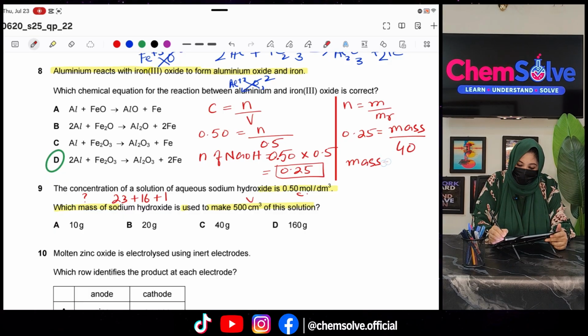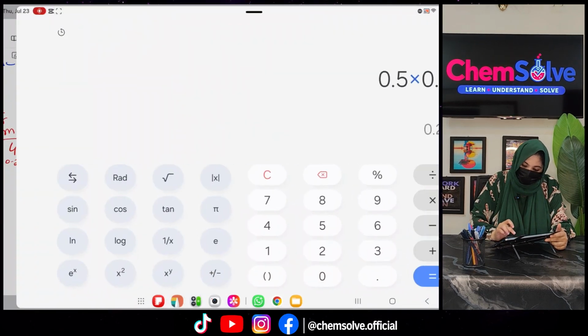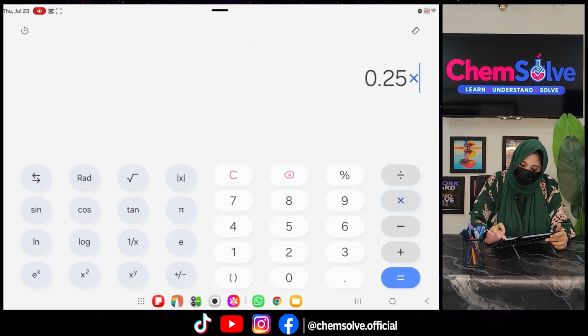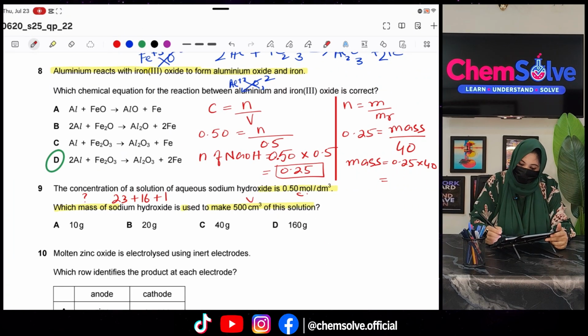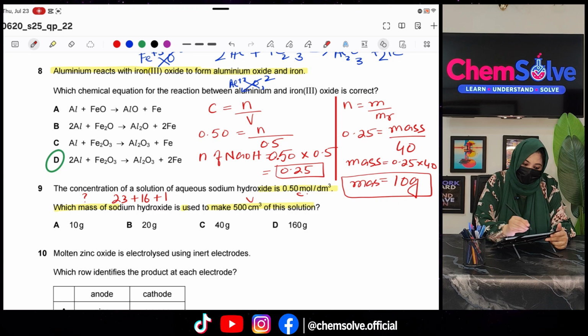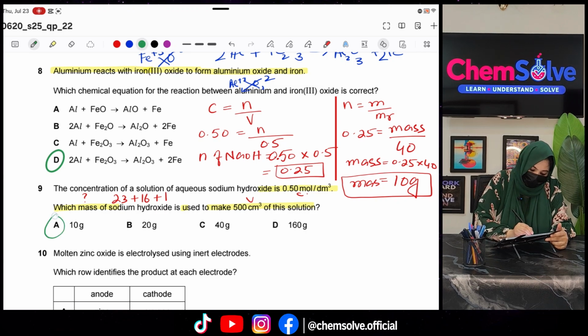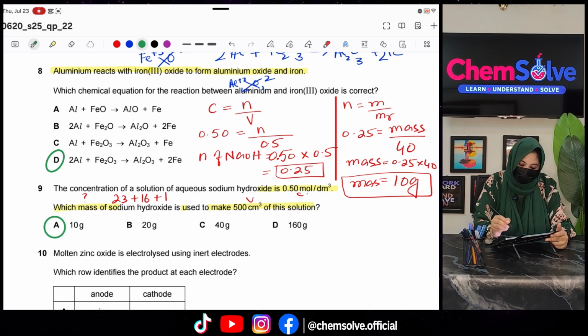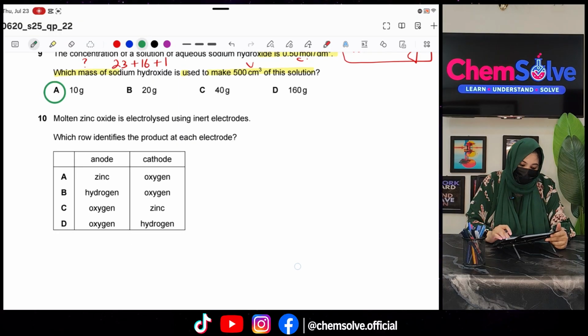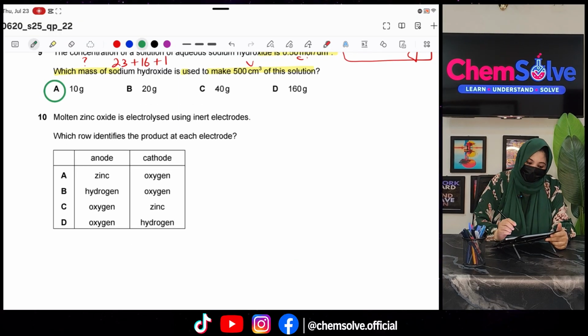So mass would be 0.25 multiplied by 40. The answer is 10. Mass is 10 gram. That's how our correct option is option A. Now let's move towards question number 10.